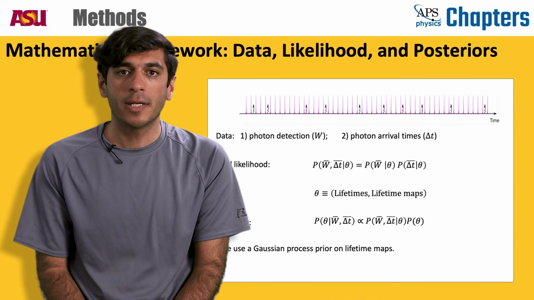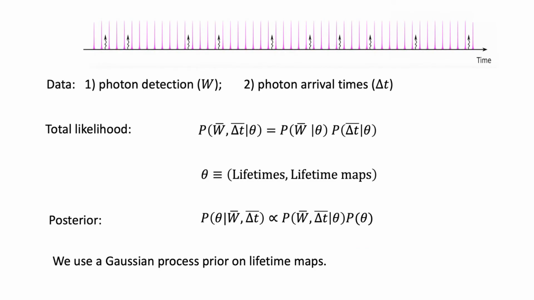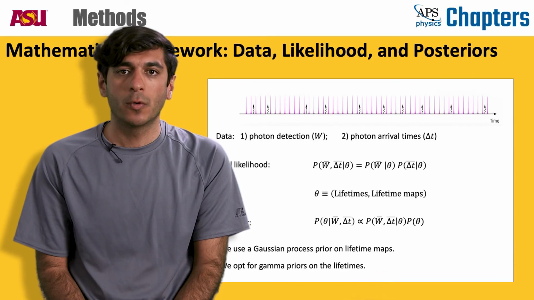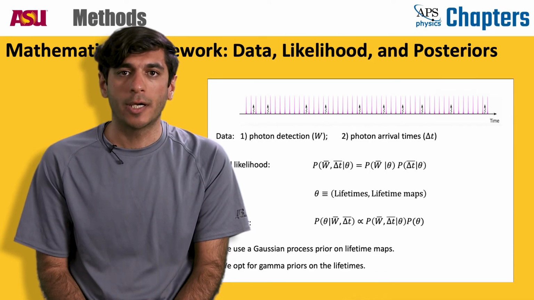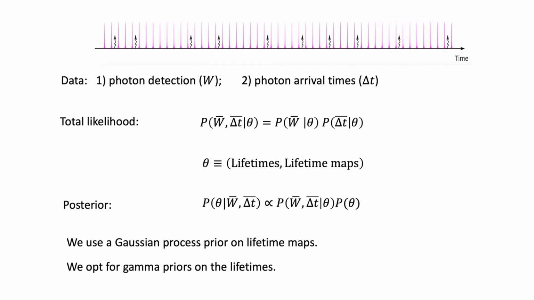Since here we are learning a map with correlated values, we assume a Gaussian process prior for lifetime maps, which is simply a multivariate normal distribution. For lifetimes, we take gamma priors to guarantee positive values. Here, we won't derive the exact form of the posterior, but it has a complicated and non-standard form.